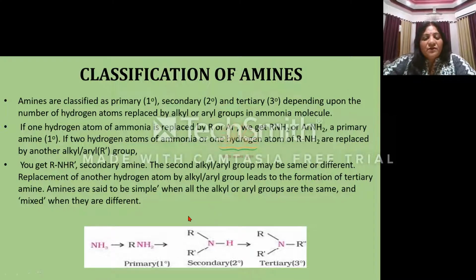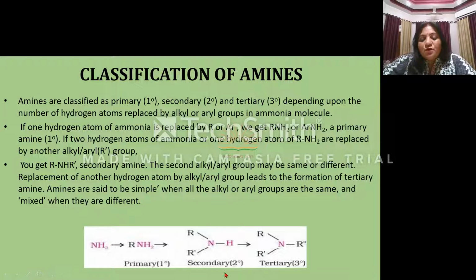Now classification of amines. Here the classification of amine is in 3 categories: 1 degree amine, 2 degree amine and 3 degree amine. Primary amine, when one of the hydrogen atoms is replaced by the alkyl or aryl group, then 1 degree amine, as I had already discussed in the second slide.